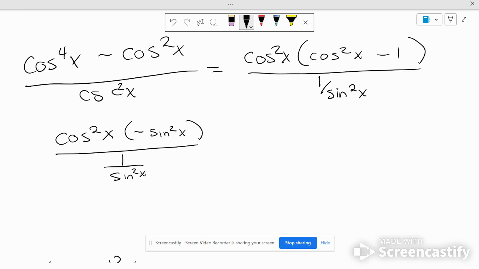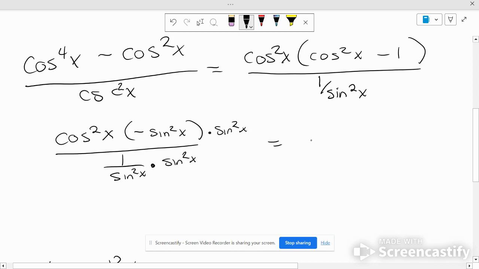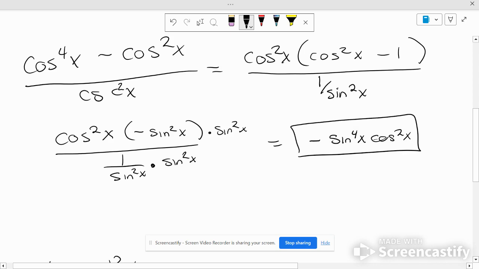What do we do? Multiply by sine squared of x. So in the end, we get negative sine to the 4th of x and cosine squared of x being multiplied together, and that is our final answer.